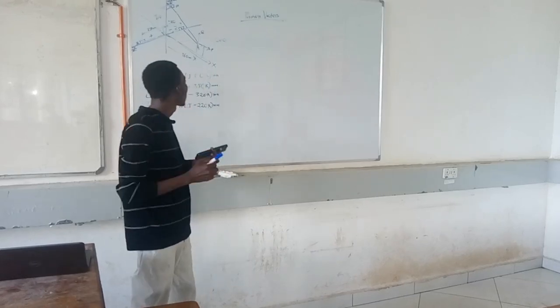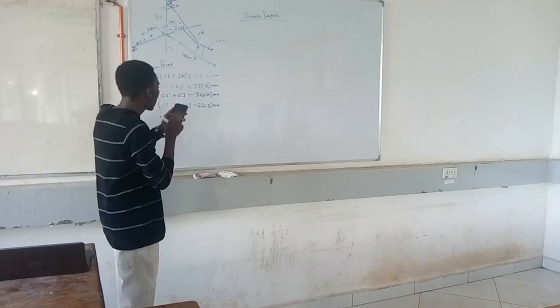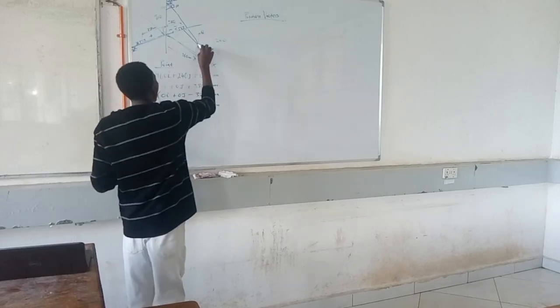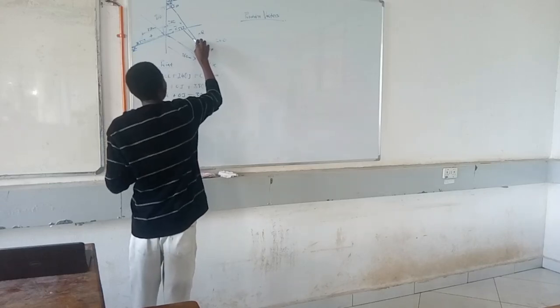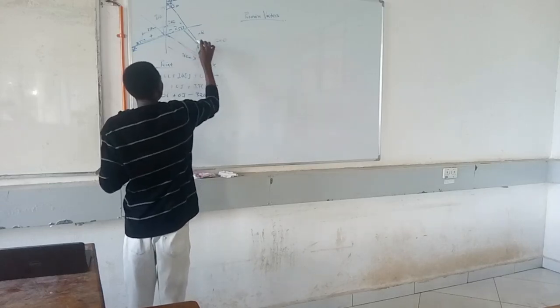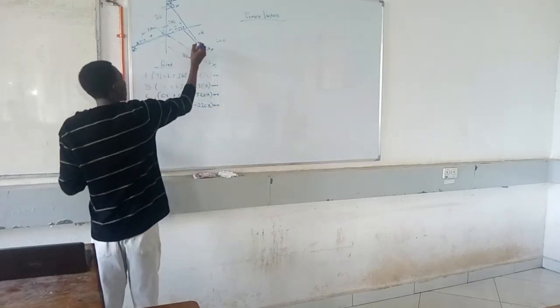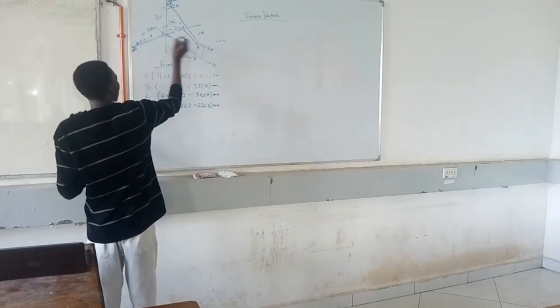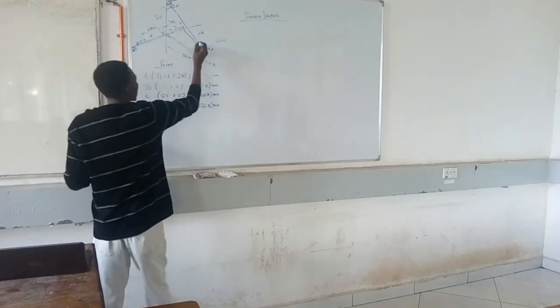To the other. For this case, as you can see, the question is saying 3 cables are connected at A. So A means more like the center of the cables. There's a cable going this side, that side, and this side. So we'll be moving from A to a certain point.